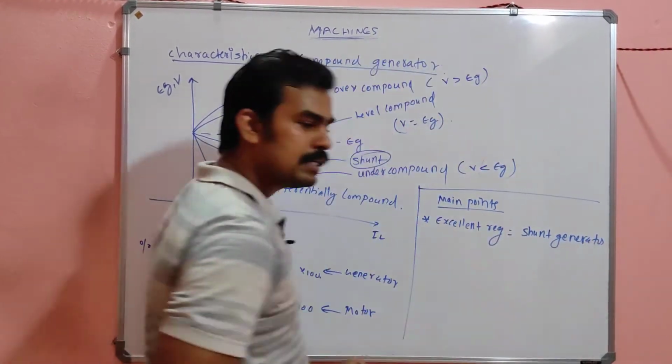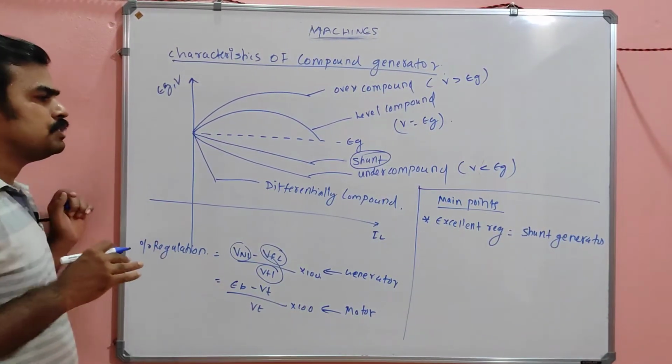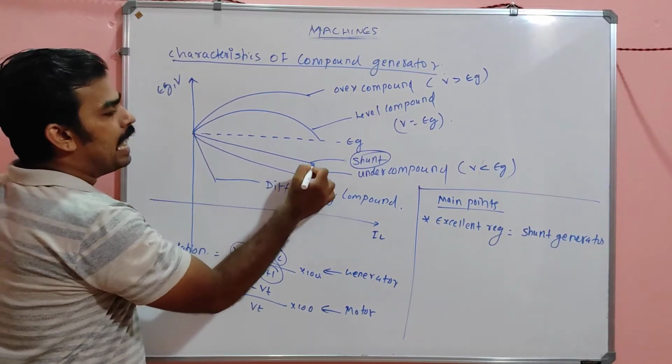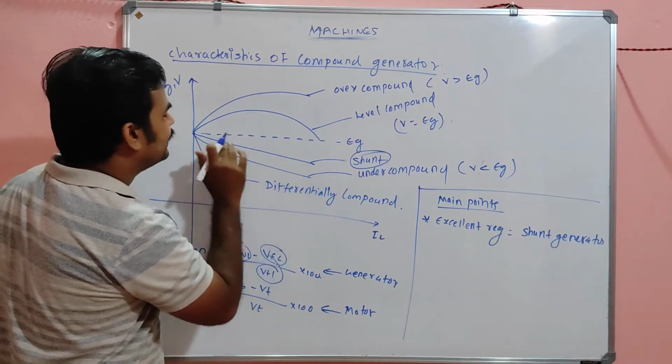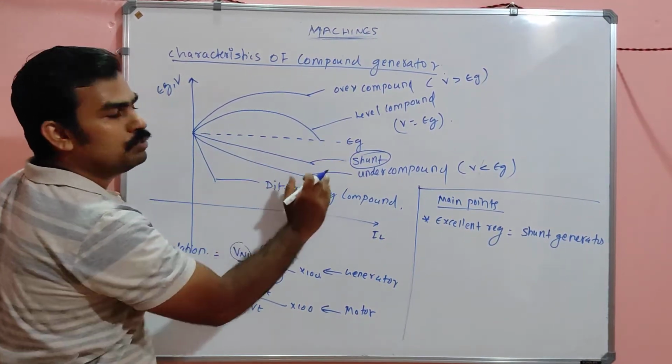Shunt generator. That means there is no abrupt change between the EG and the terminal voltage. That means the slope is not that much, right? The slope is not that much when compared to this one.